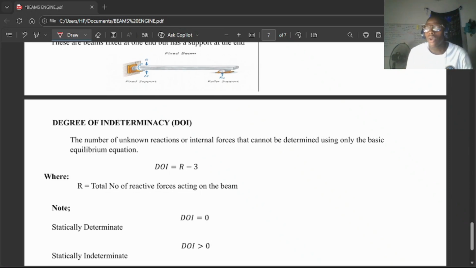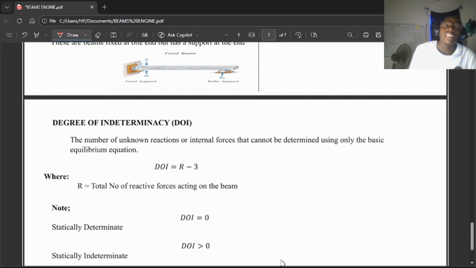So in essence, for a statically determinate beam, your DOI after calculating must be equal to 0. But for indeterminacy, your DOI must be greater than 0. Am I communicating?